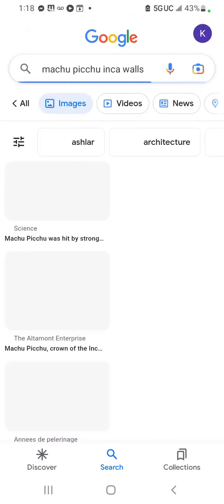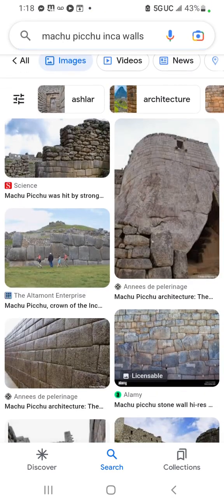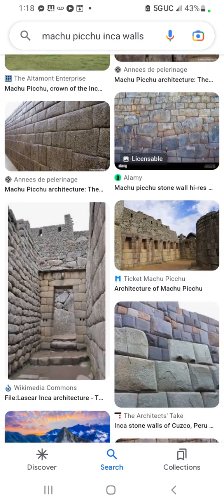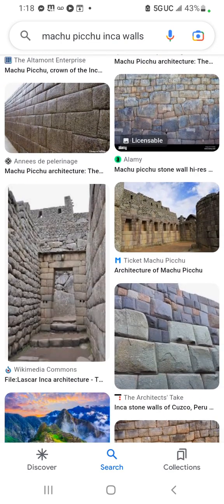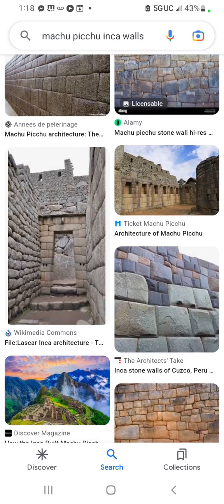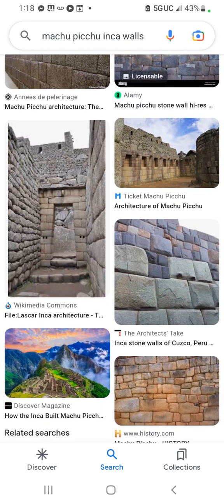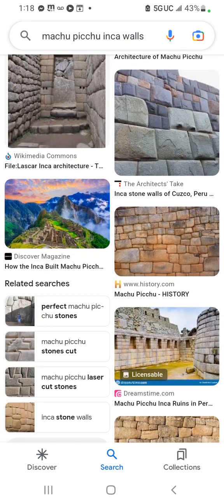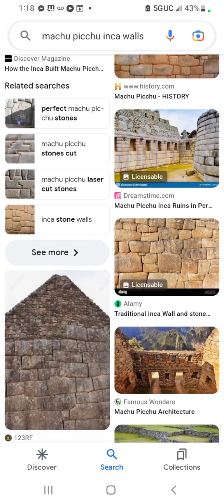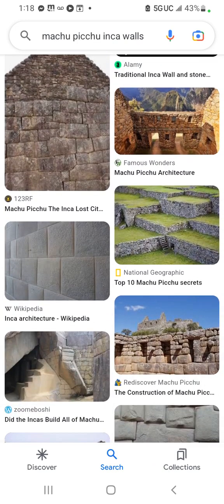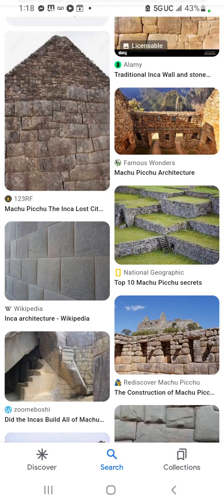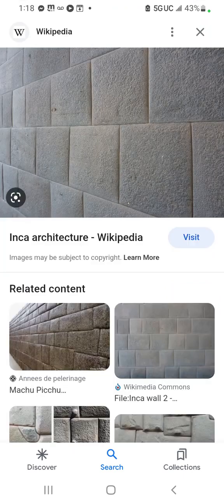So let's see, Machu Picchu, right? I don't see much else here. Like right over there, see how uniform that is, all the same shape.